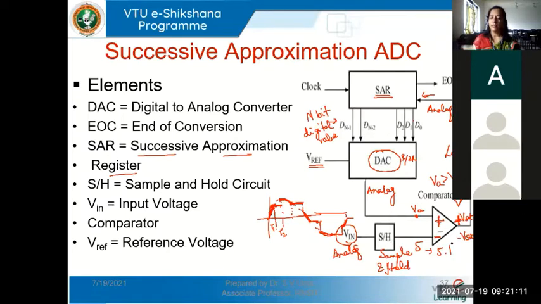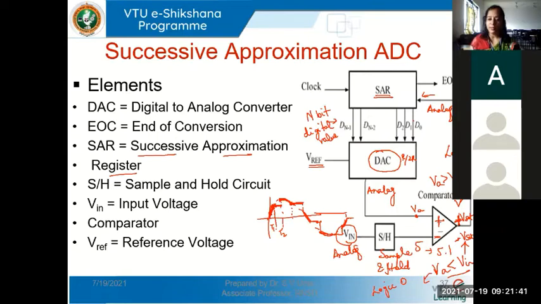Similarly, whenever VA, the voltage at the output of the DAC, which is given to the non-inverting terminal, is less than the input analog voltage, which is given to the inverting terminal through a sample and hold, the output will be at negative saturation, and negative saturation will be treated as logic 0.